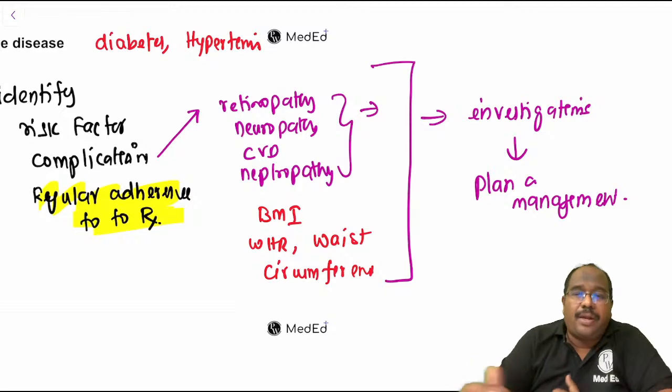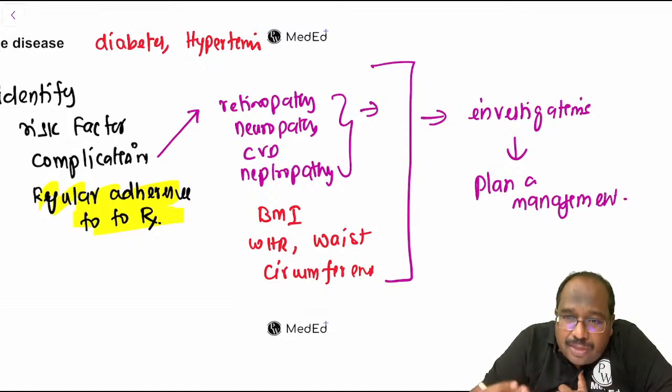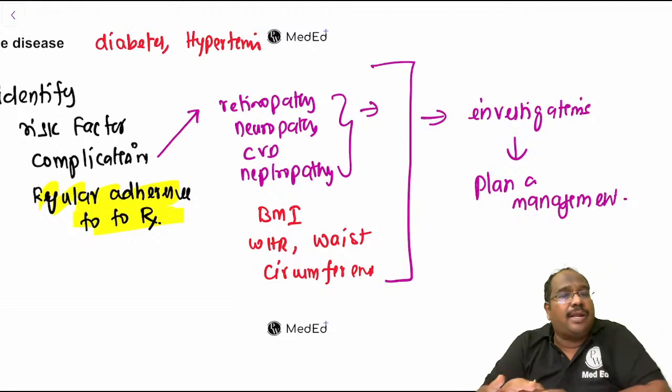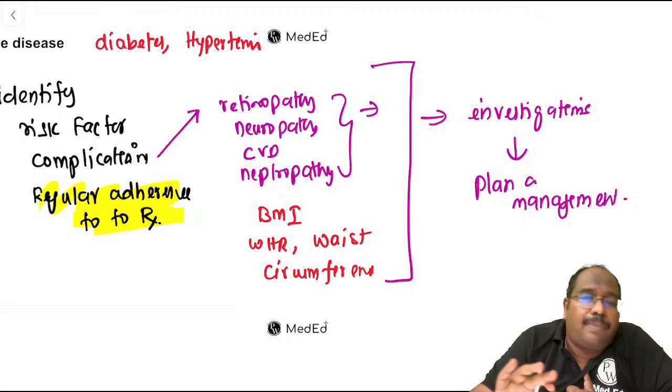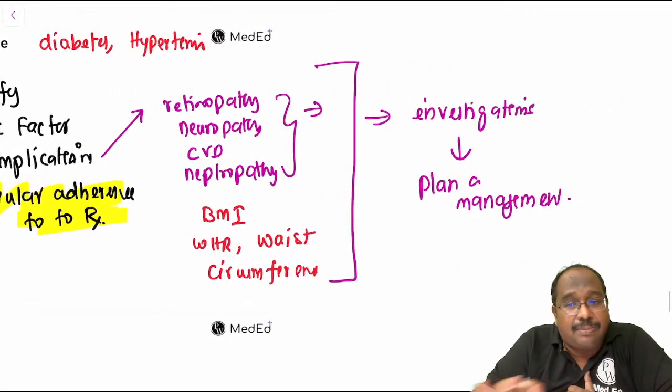Then what is the point of taking the case? If it's a case of hypertension, you are supposed to check the blood pressure. If the patient has some form of peripheral sensation problem, you should at least examine whether sensation is there or not, and based on this you can write the investigations and we can plan a management. This is what is expected. I'm just giving it crisply, guys. I'm not going into detail on what we are going to write in the management.